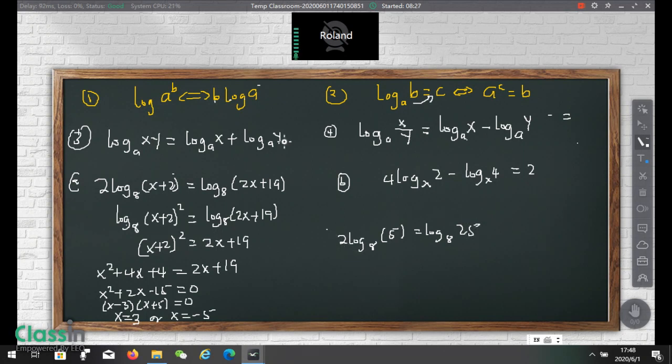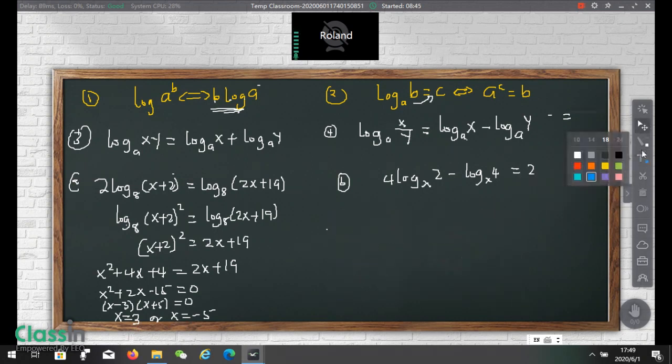Of course, remember from law 1, the 2 will be 5 squared. So this is the same as log base 8 of 5 squared. Of course, the left-hand side and the right-hand side are the same. So x is equal to 3. It's true, it's correct. Let's check the other answer.